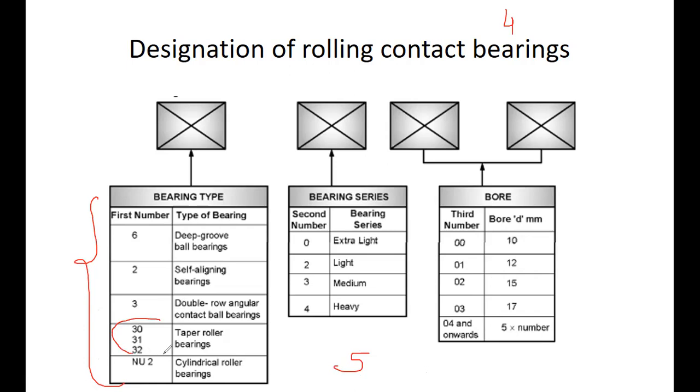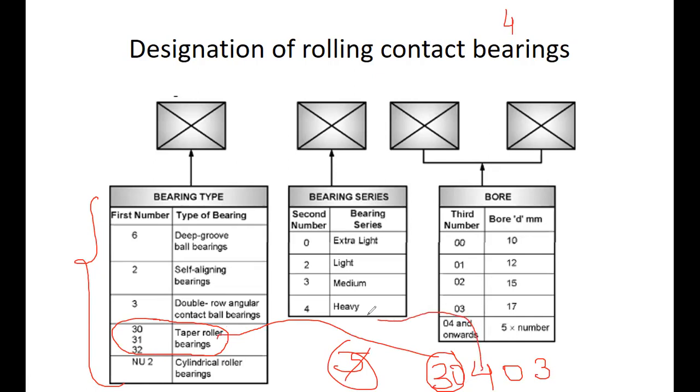See, if the number is from a taper roller bearing, like if it is written 30403, right? Then 30 indicates that it is a taper roller bearing, 4 indicates that it is a heavy series, and 03 indicates that its bore diameter is 17 mm.